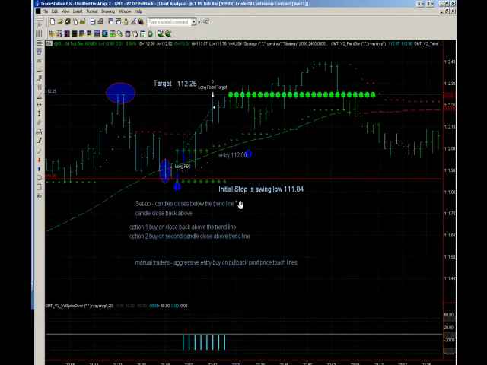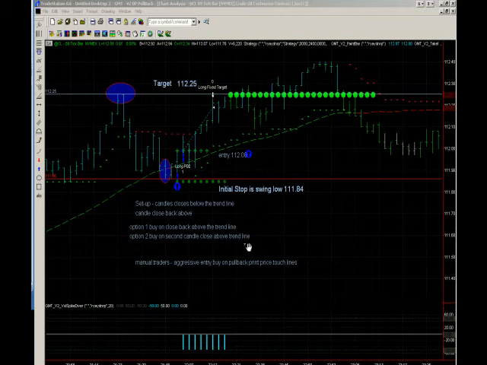But in my experience in testing, the fixed targets with a 1.5 to 2 reward to risk seem to work much better. You can see the end of the trend targets are painted in those solid green dots that appear just above the trend line there.